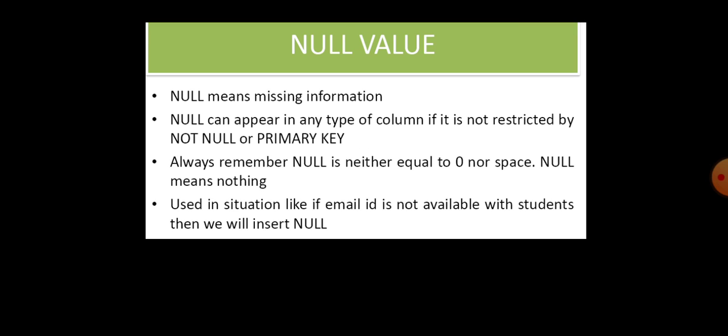Always remember, null is neither equal to 0 nor a space. Null means nothing. It is used in a situation like when the email ID is not available for the students, then we will insert only null values.